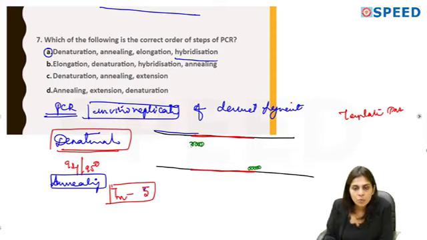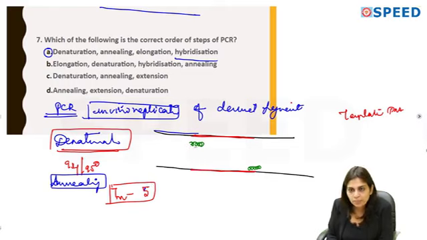Because what if the annealing temperature is higher than the melting temperature of primers? They will melt, they will not anneal. What if it's very much less than the melting temperature of primers? They'll bind non-specifically. So the optimal temperature for the annealing step is the melting temperature of primers minus 5 degrees. It is you who have chosen these primers.